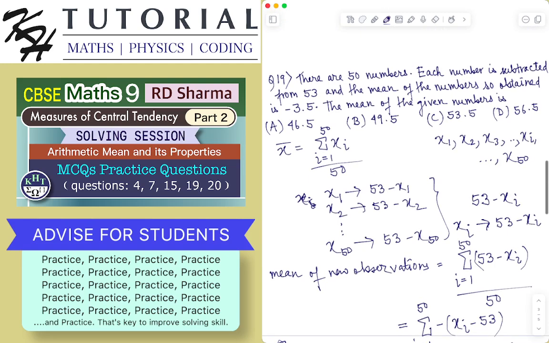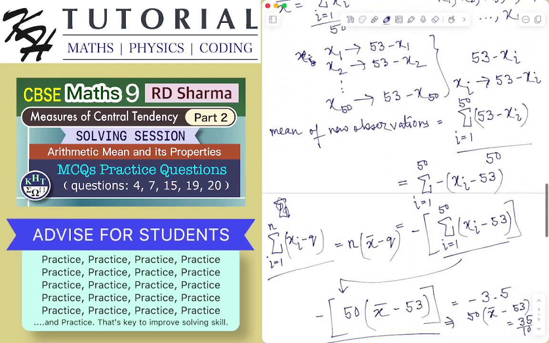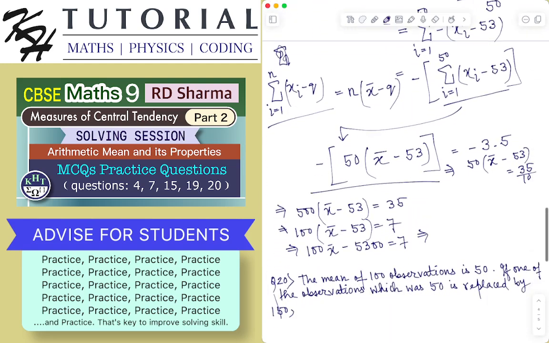Okay, I think my answer will not match with the given choices. Anyway, let's see. This implies 100 x bar is equal to 7 plus 5300, which is 5307.